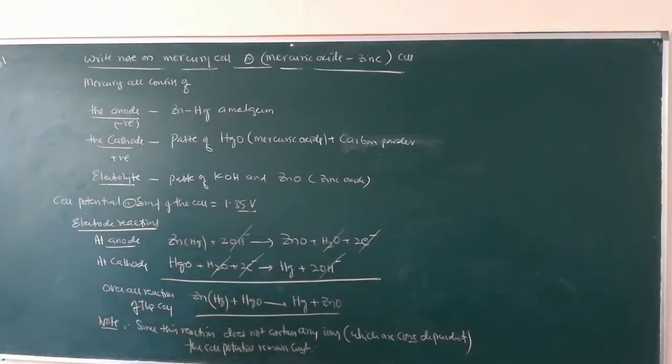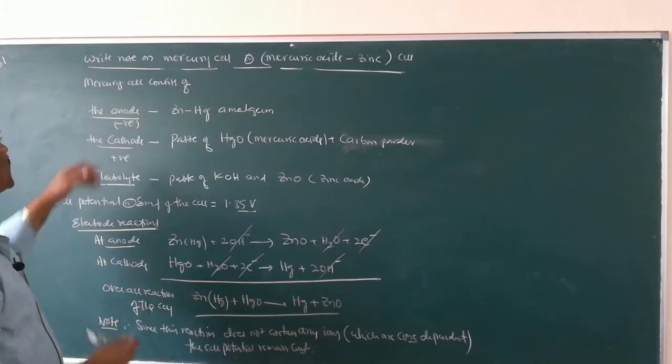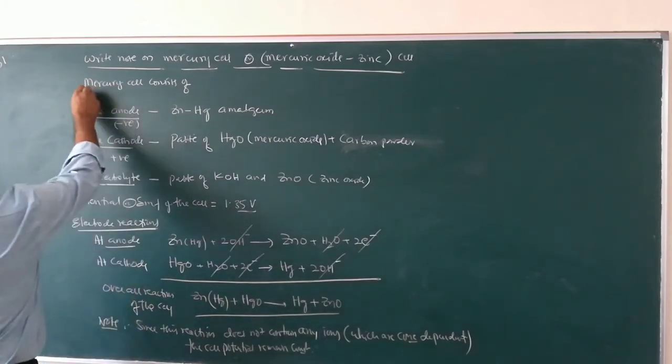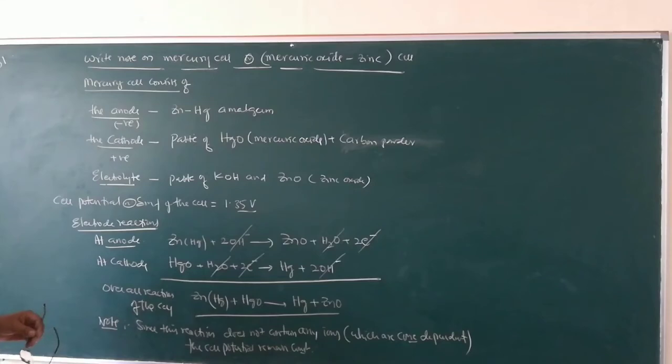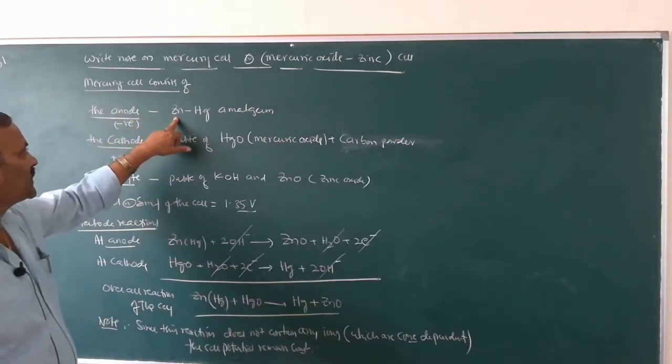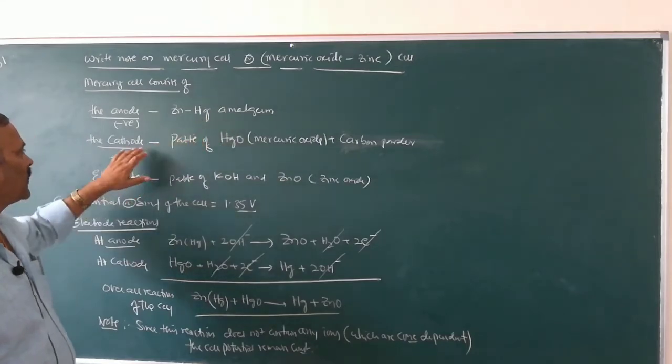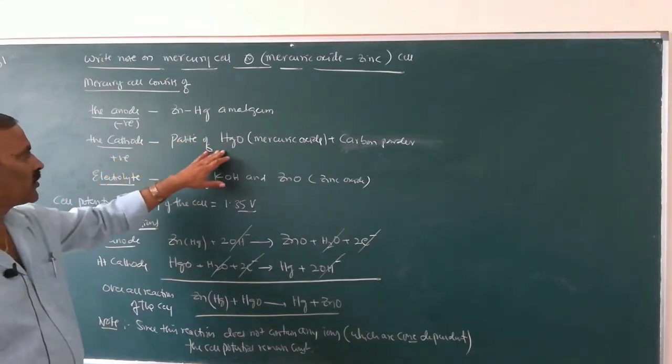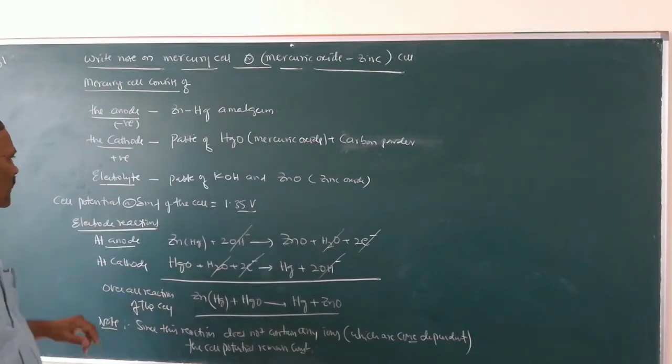So this is about the second primary cell, namely mercury cell or mercuric oxide-zinc cell. Mercury cells are used in watches, which are button cells. Here the anode is zinc-mercury amalgam. Cathode is paste of mercuric oxide plus carbon powder.